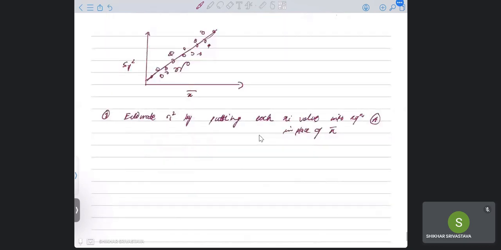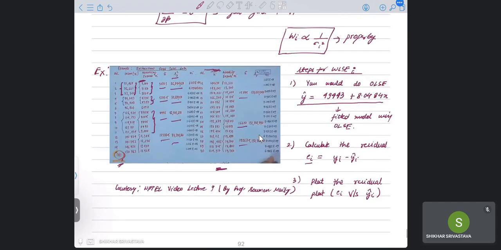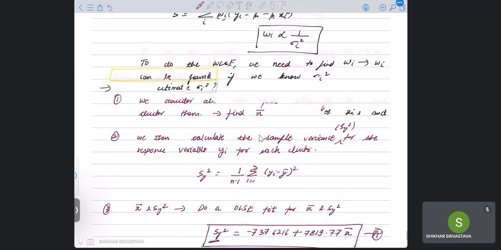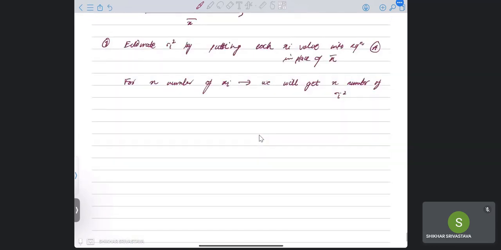So for n number of xi's, you will get n number of sigma I square, and using those we can estimate wi.